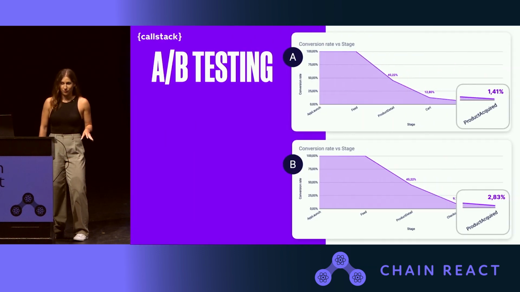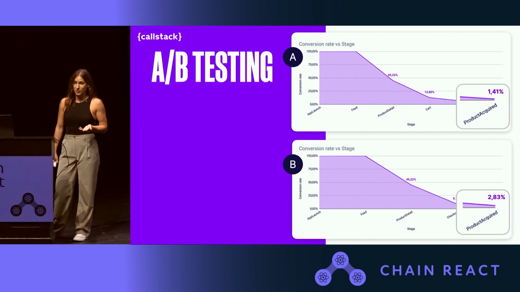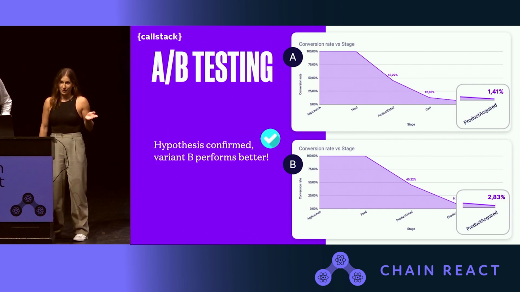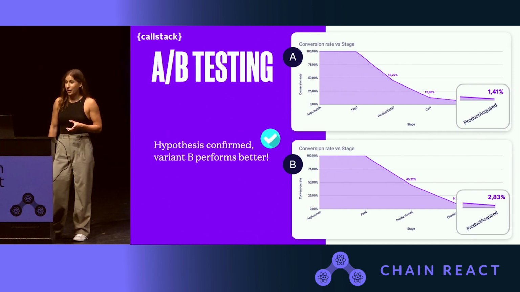How do we do that? For example, by performing A/B testing. Essentially, it eliminates all the guesswork and enables us to make decisions backed by data. Hypothesis confirmed. In our case, conversion rate was increased from 1.4 to 2.8%.